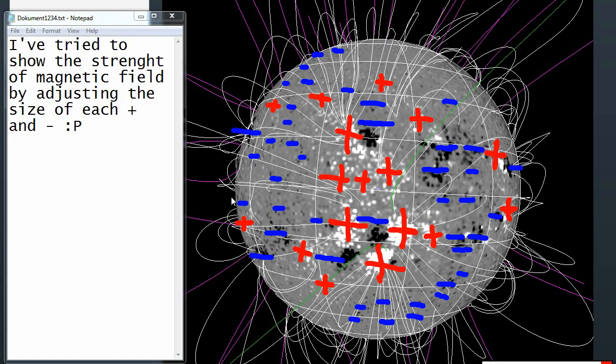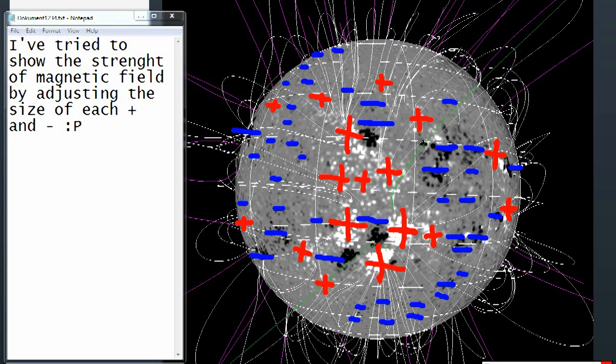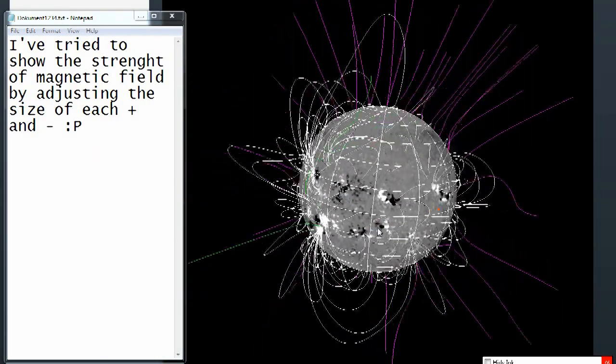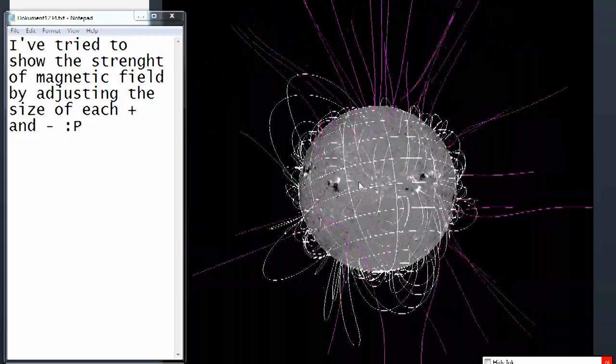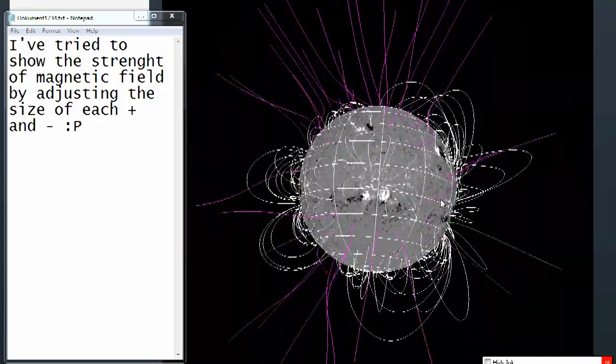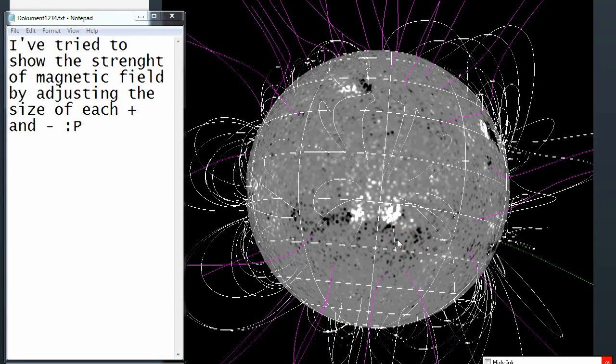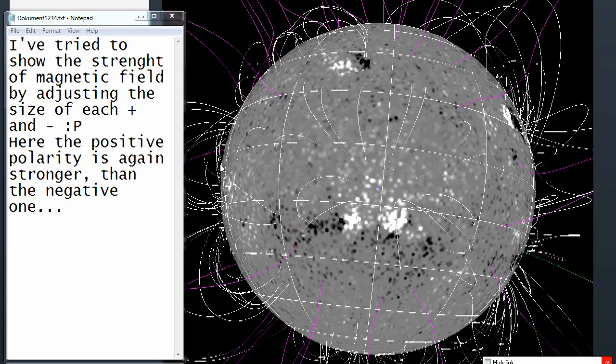I've tried to show the strength of the magnetic field by adjusting the size of each plus and minus. Here the positive polarity is again stronger than the negative one.